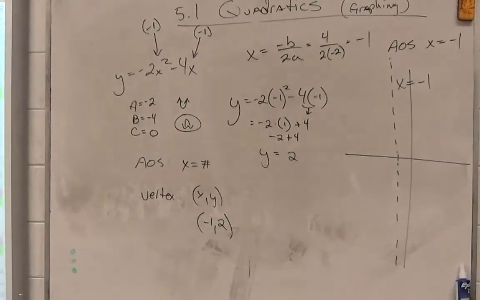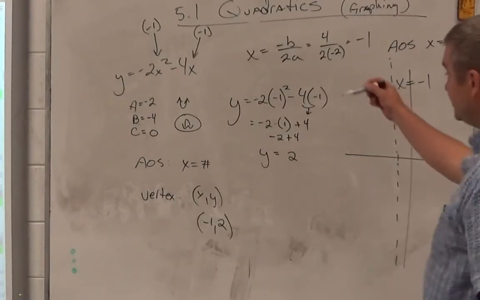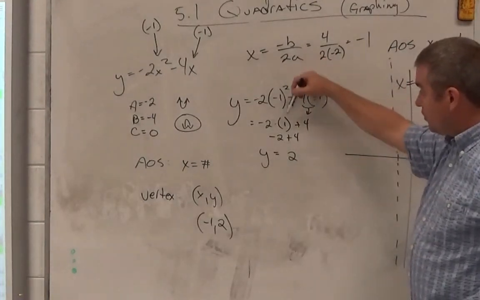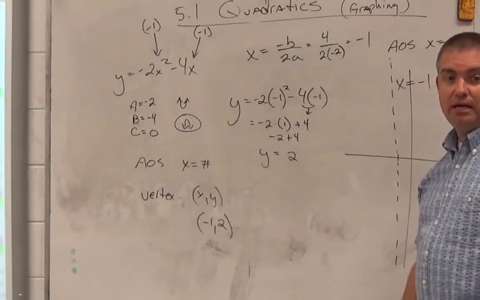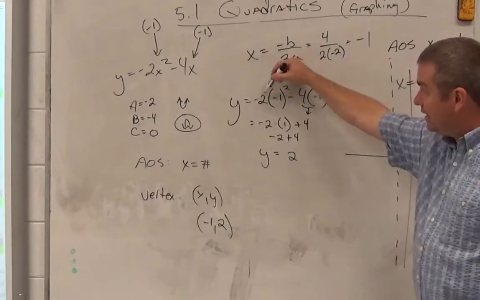Negative 1, positive 2. Now you may not have gotten positive 2 because you didn't do your order of operations correctly. Okay? How was that? Did I do something wrong? How did you change it from negative 1 to 1? Because negative 1 squared is positive 1. Negative 1 times negative 1 is positive 1. And I have to do exponents before I do multiplication.